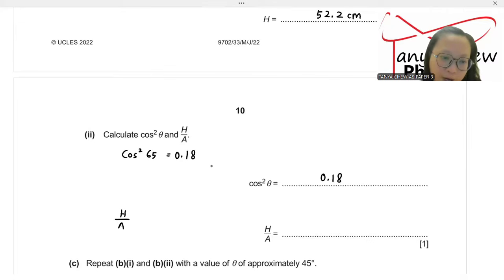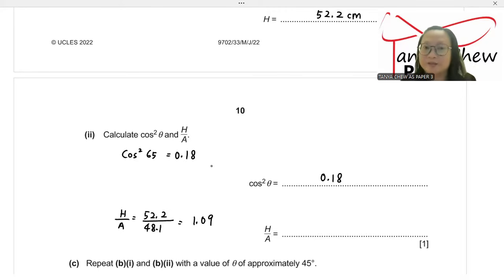H over A: h is 52.2, and the A I got is 48.1. Let me do my calculation. 52.2 divided by 48.1, and I got 1.09. I put 3 significant figures. You know why? Because h has 3 significant figures and A has 3 significant figures as well. So 1.09 without the unit.